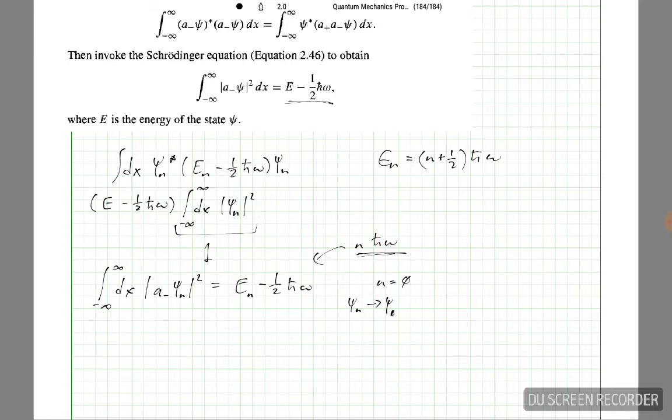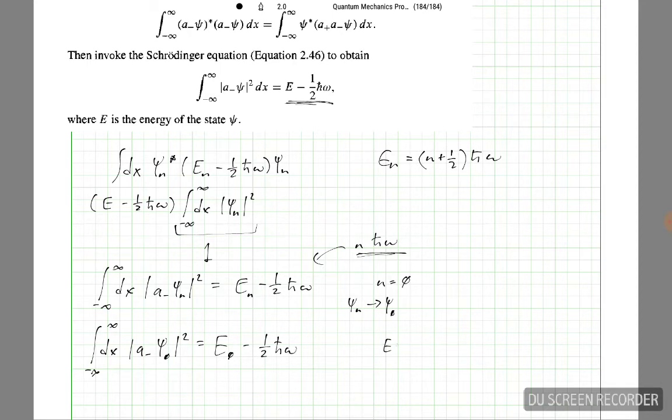But let's go ahead and show it. I think that's why they didn't go that far with this hint here. So now we're going to have negative infinity to positive infinity, lowering operator acting on psi naught, squared. That equals E naught minus 1/2 h bar omega.